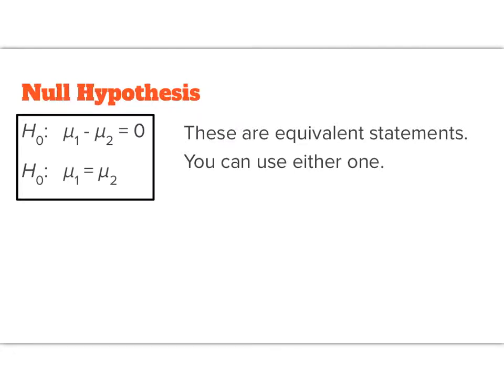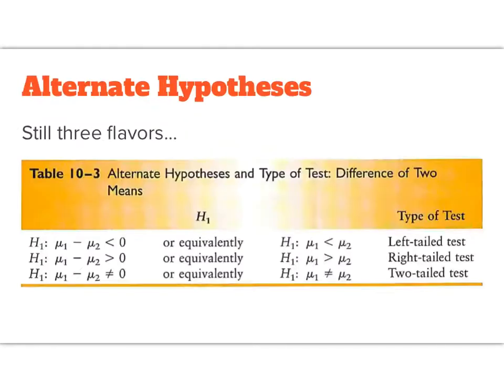Now, this also means that the alternate hypotheses are going to have two variations that we could have. There's still three flavors for the alternate hypothesis: one to give us a left-tailed test, one to give us a right-tailed test, and one to give us a two-tailed test. And you can write the alternate hypothesis in whichever of the two ways interests you.